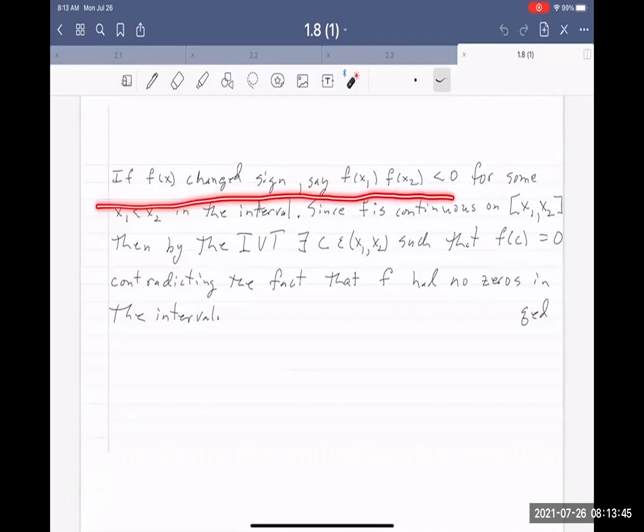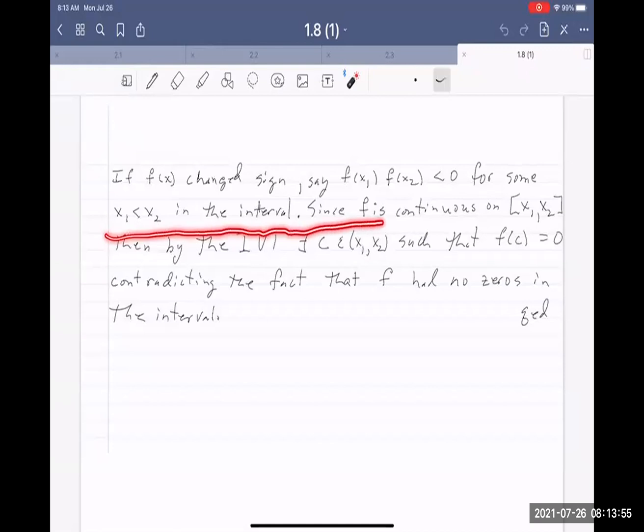If f of x changes sign, say f of x1 times f of x2 is less than 0 for some x1 less than x2 in the interval.